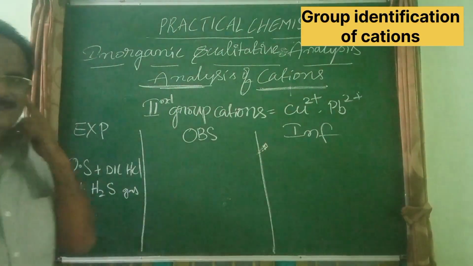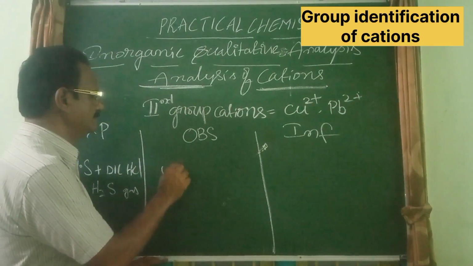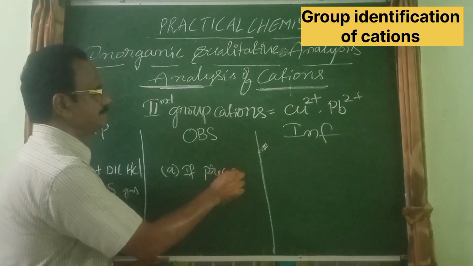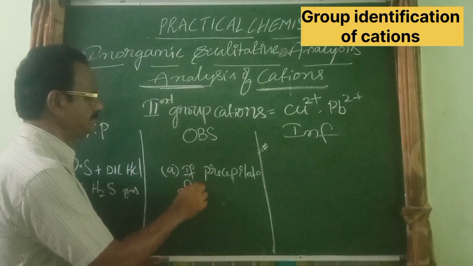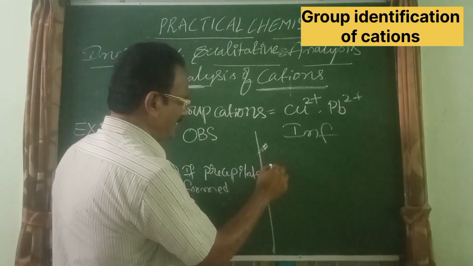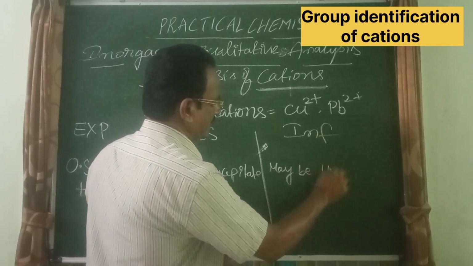If a precipitate is formed, there may be second group cations.